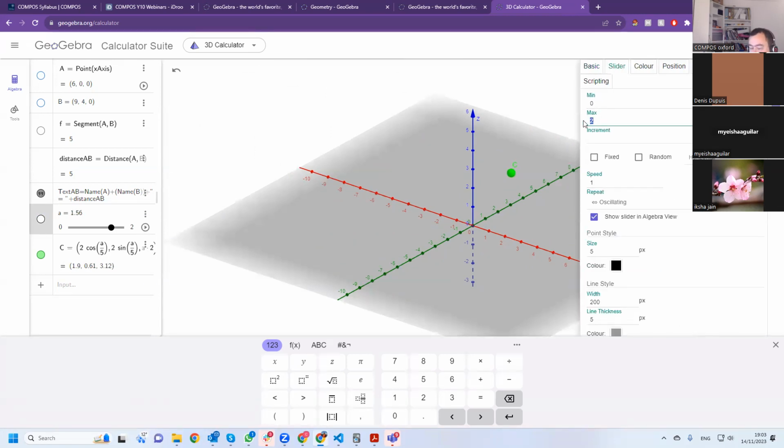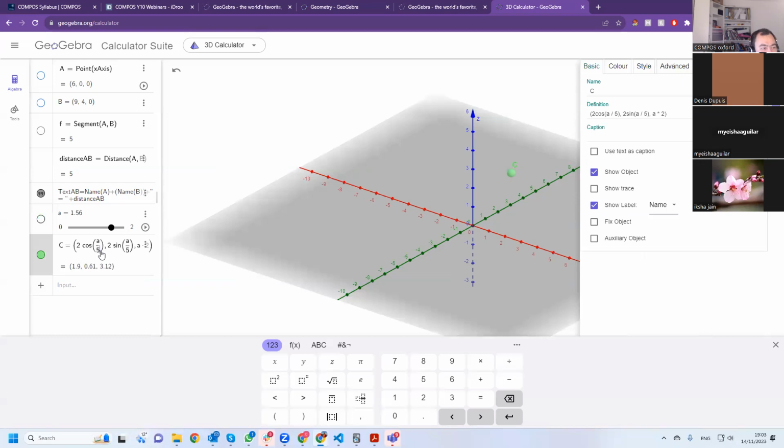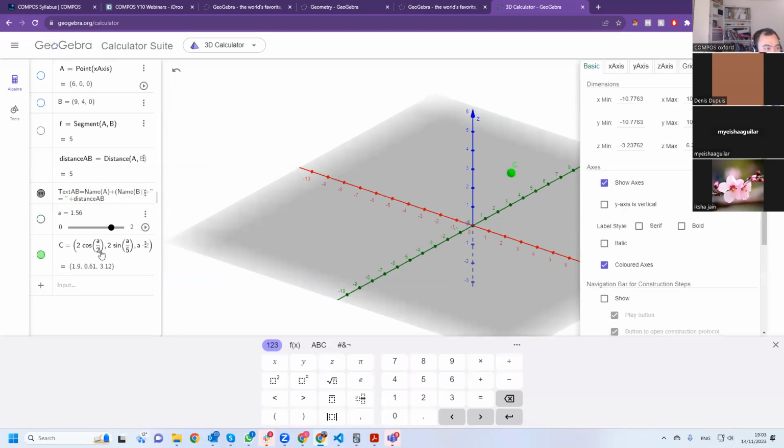Slider max. Oh, that's my mistake. Okay, a divided by 2. No, 4a. 5a divided by 2. Not even 5. 7a divided by 2. Okay, sorry. 7a divided by 2, and that should be better.